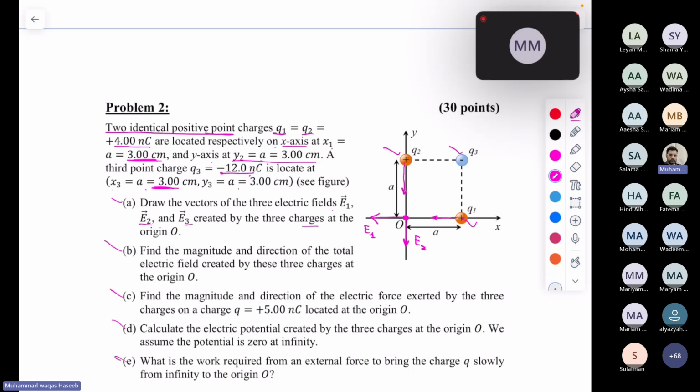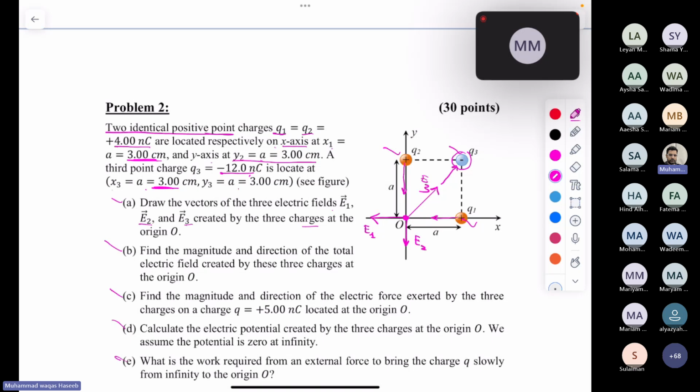Now, what about 3? 3 is a negative charge. The field starts from the positive charge and terminates at the negative end, so its field has to be inward. So the electric field of the third charge should be represented like this.